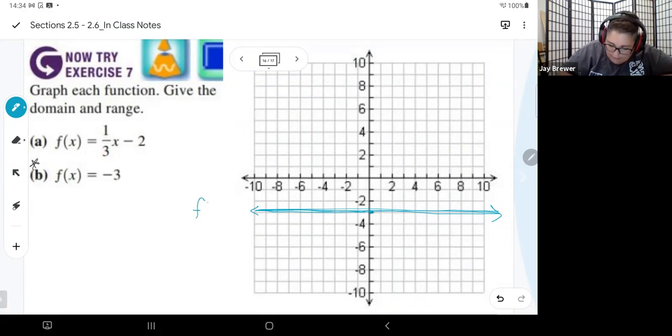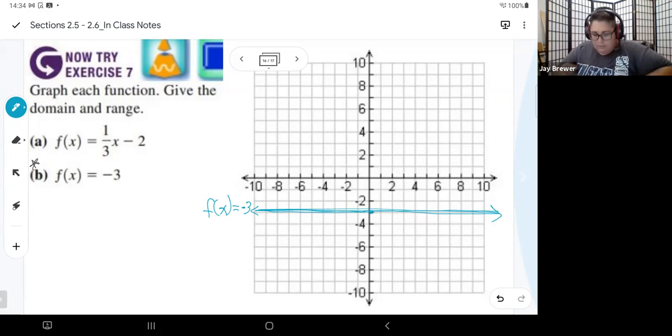So this is f of x equal to -3. All right, so I think that's the last time we have to draw for this moment.